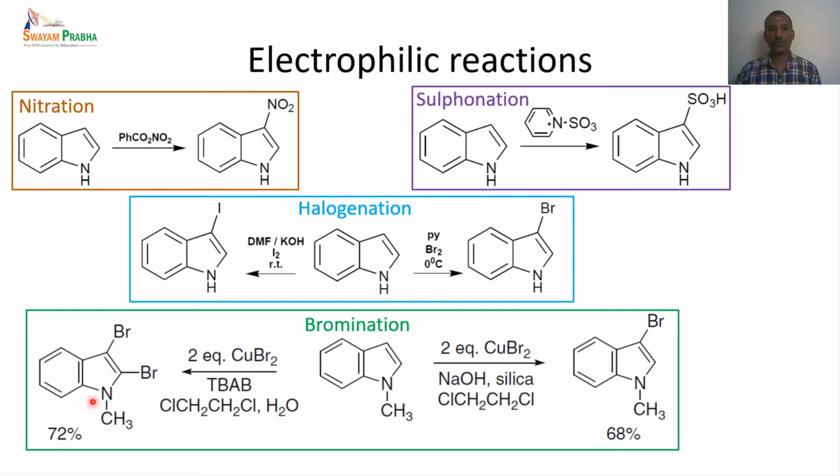So this is one of the specific cases where if we want the monobromo derivative, then the use of sodium hydroxide is very essential for this particular reaction. Whereas if we want the dibromo derivative, then TBAB can be used. So the bromination can be effectively carried out to give different types of products.